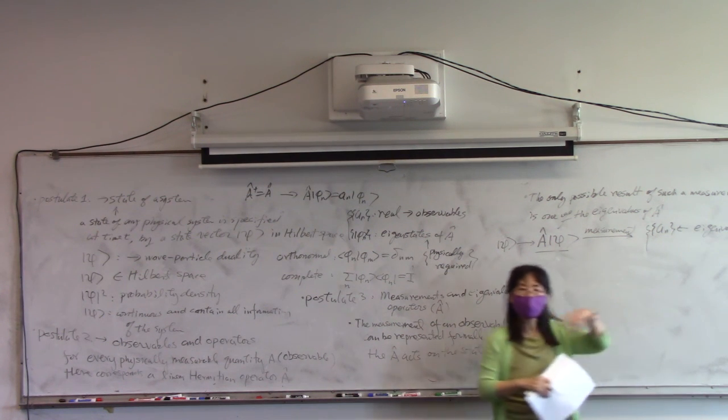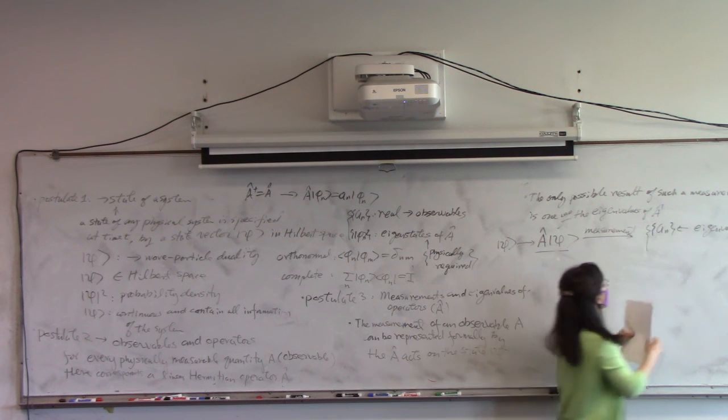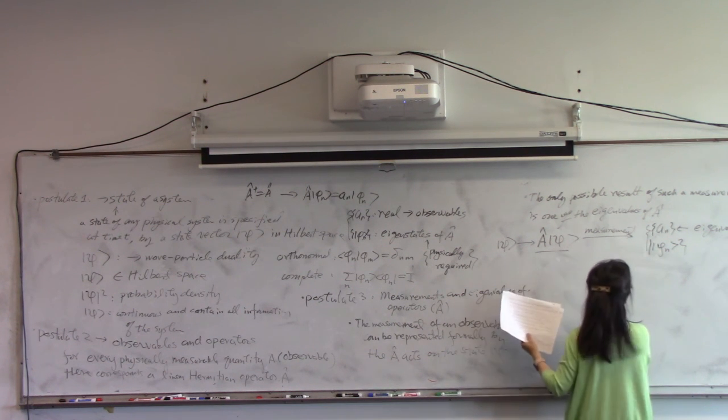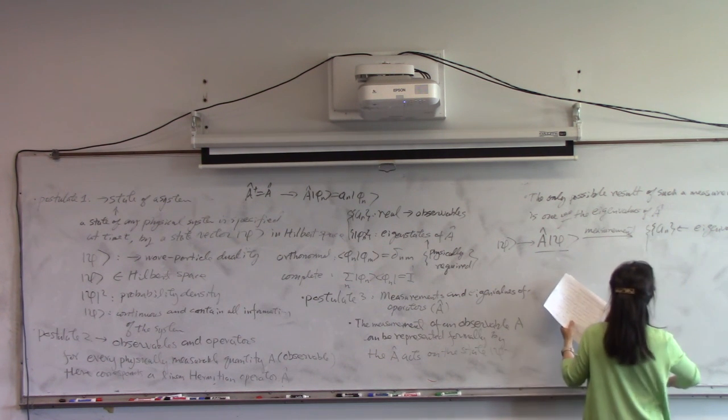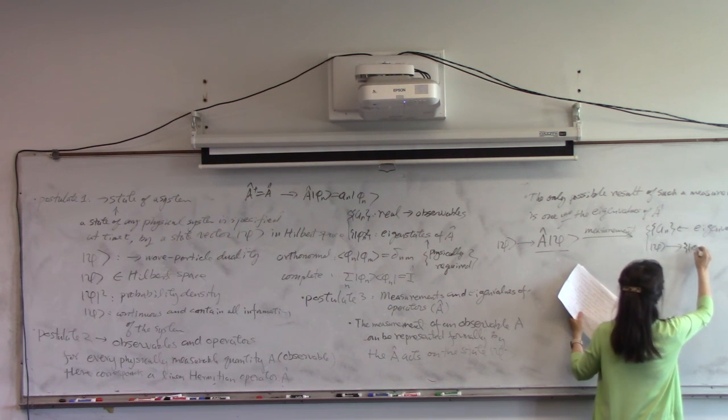So your measurement result must be among these values, and the state goes to one of the eigenstates.